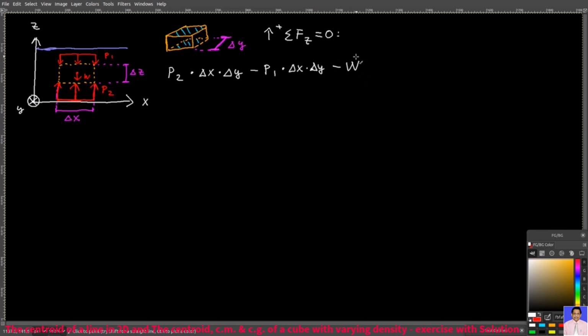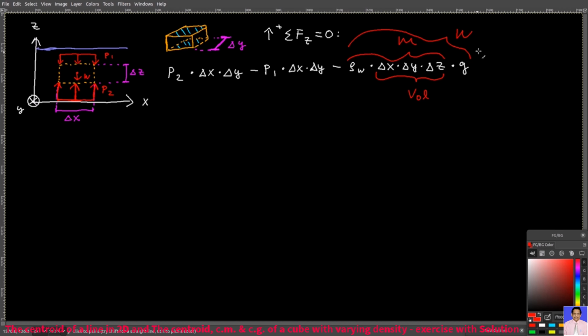However, you can rewrite it like this. Minus the density of the water times delta x times delta y times delta z and times g. This here is the volume of your cuboid. Then this one here is the mass of the cuboid times g. That would give you your force of gravity or your weight. And so all that has to equal 0.